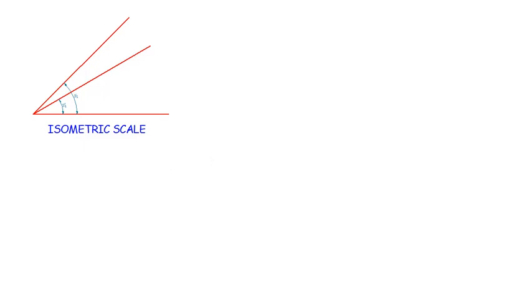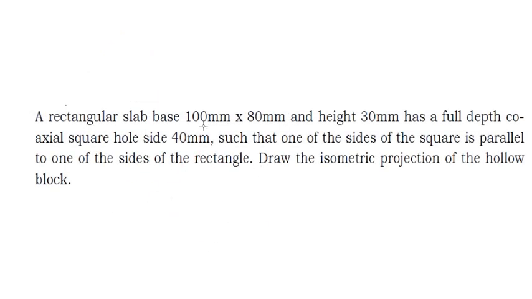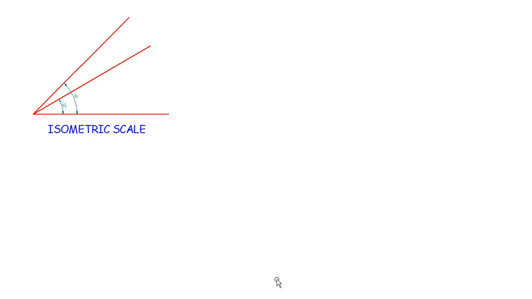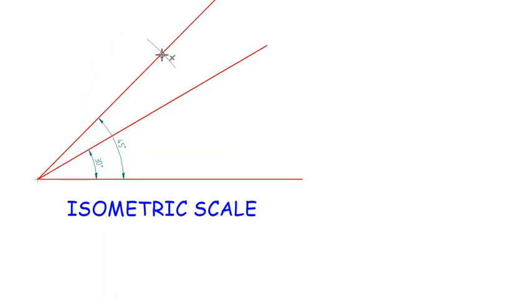The length of this is 100 mm, so I'll draw an arc of radius 100, cut it, then from this point draw this line. We need to measure the iso length. So the length to this point is 100.